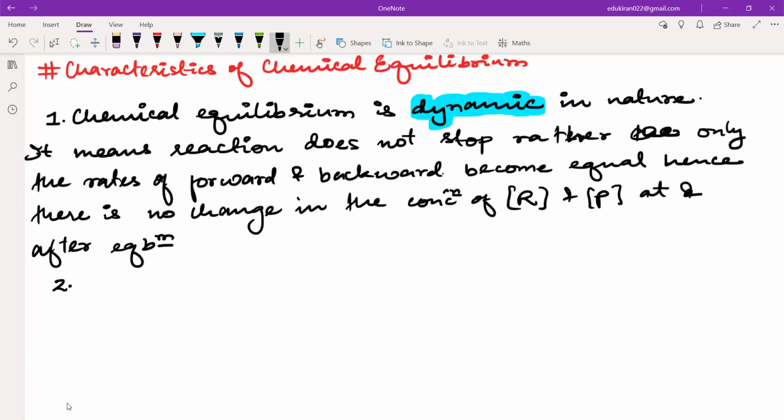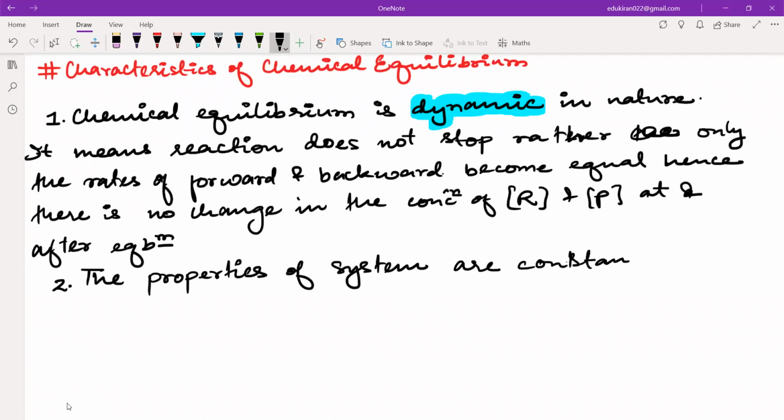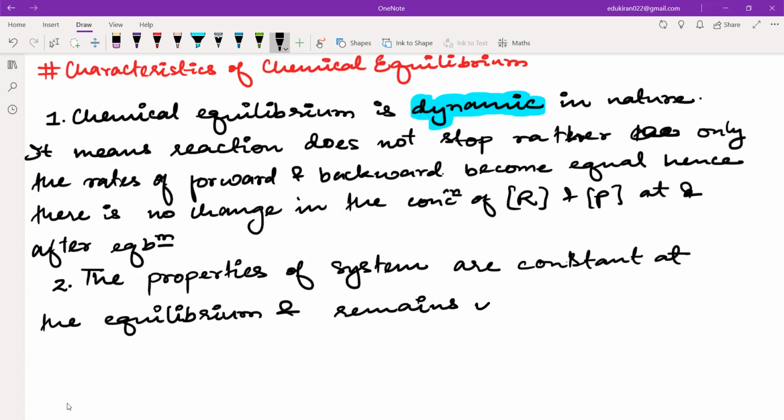Second point, the properties of the system are constant at equilibrium and remain unchanged after that.